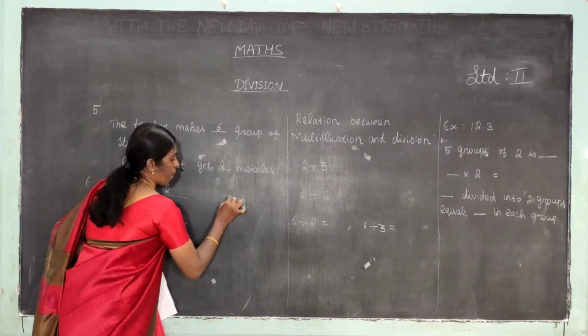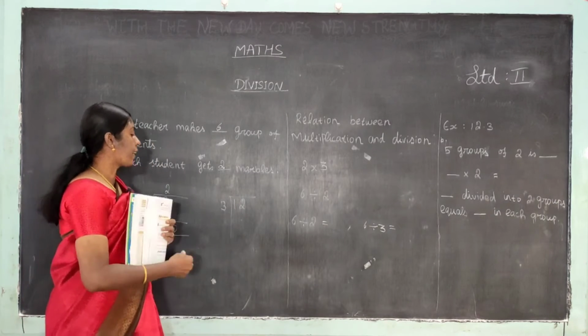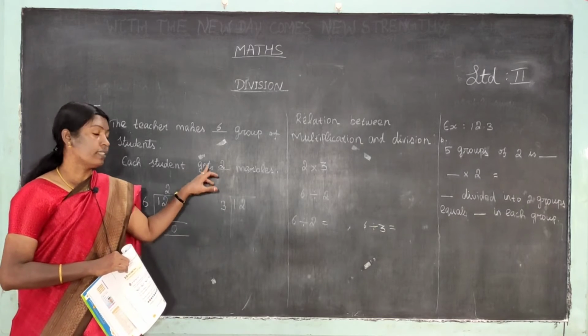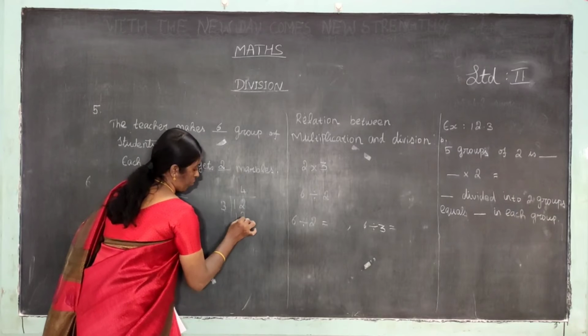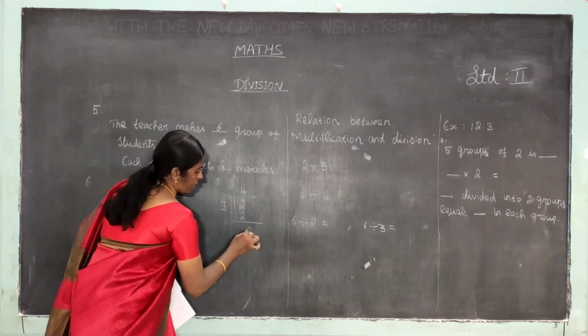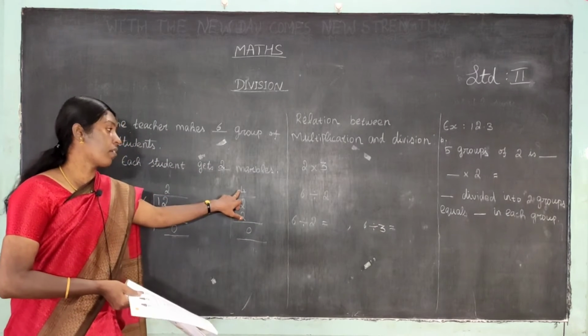So you have to divide 12 by 3. Tell the 3 table. 3 1s are 3, 3 2s are 6, 3 3s are 9, 3 4s are 12. Then 12 minus 12, what is the remainder? 0. Then what is the quotient here? 4.